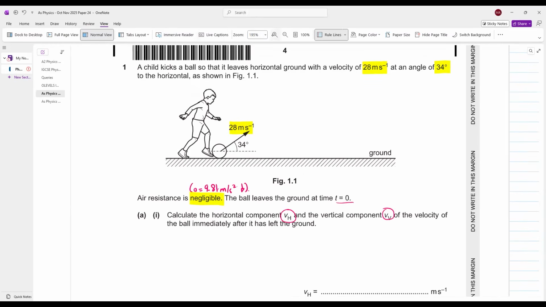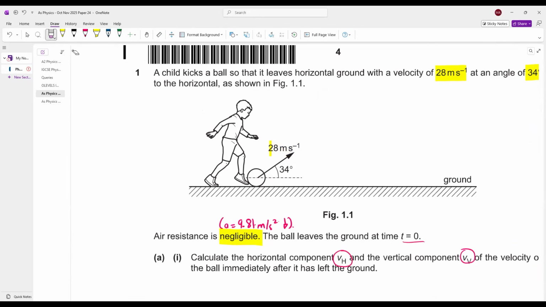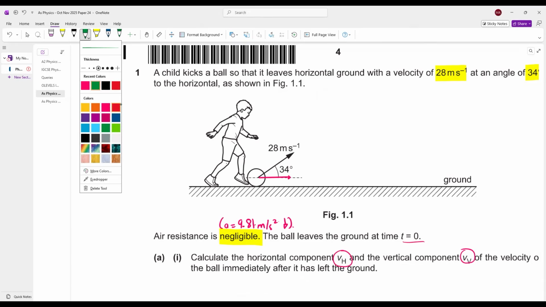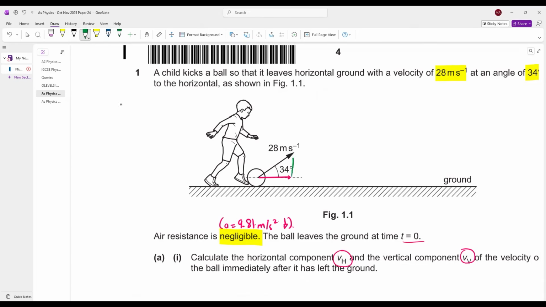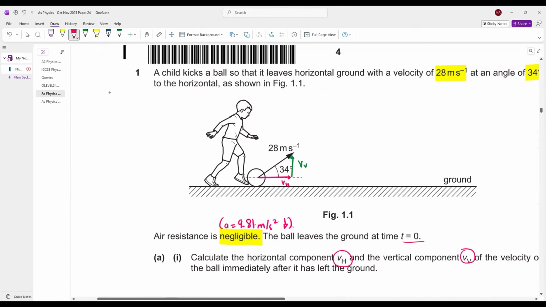So you have to calculate the horizontal and vertical components. Sir, how are we going to do this? Very, very easy. Let's say this is your velocity of 28. We can consider a right angle triangle. This is your vertical component and this is your horizontal component.